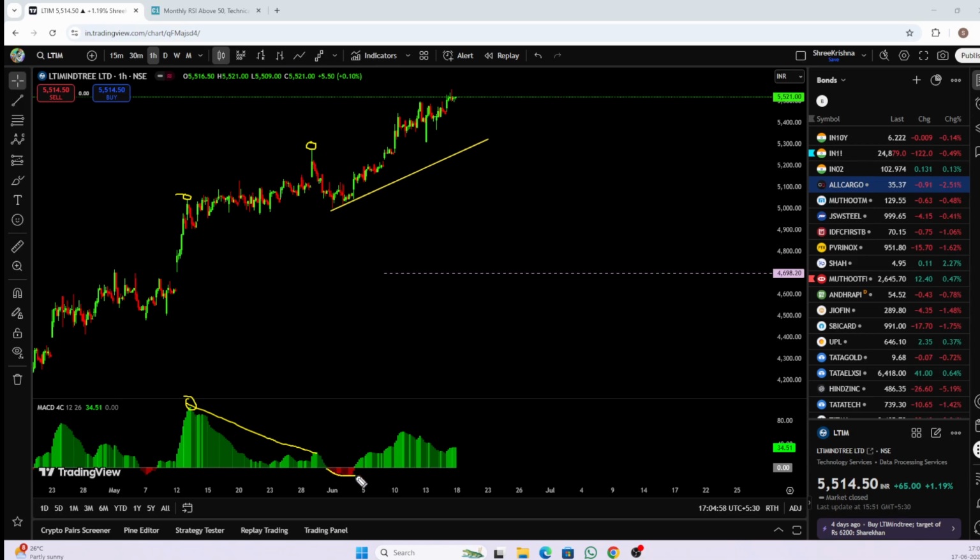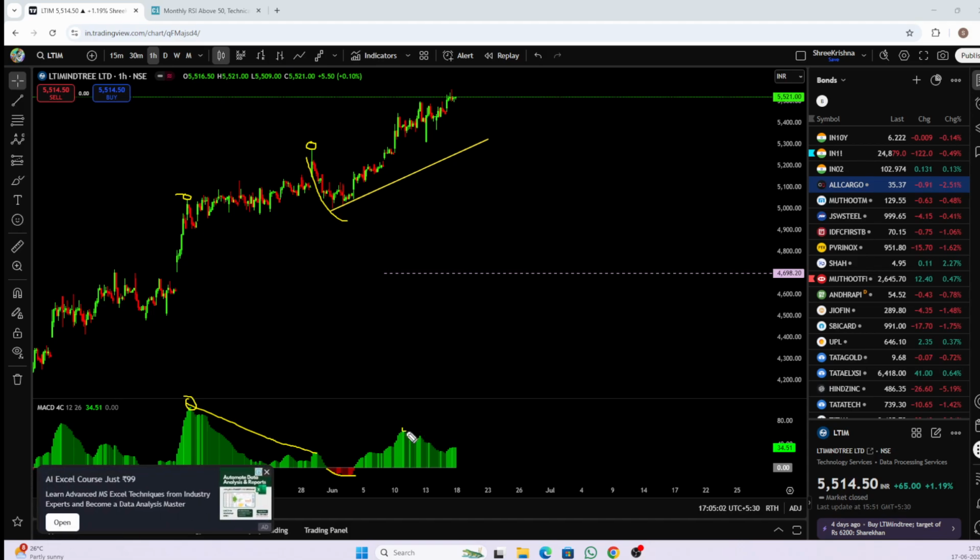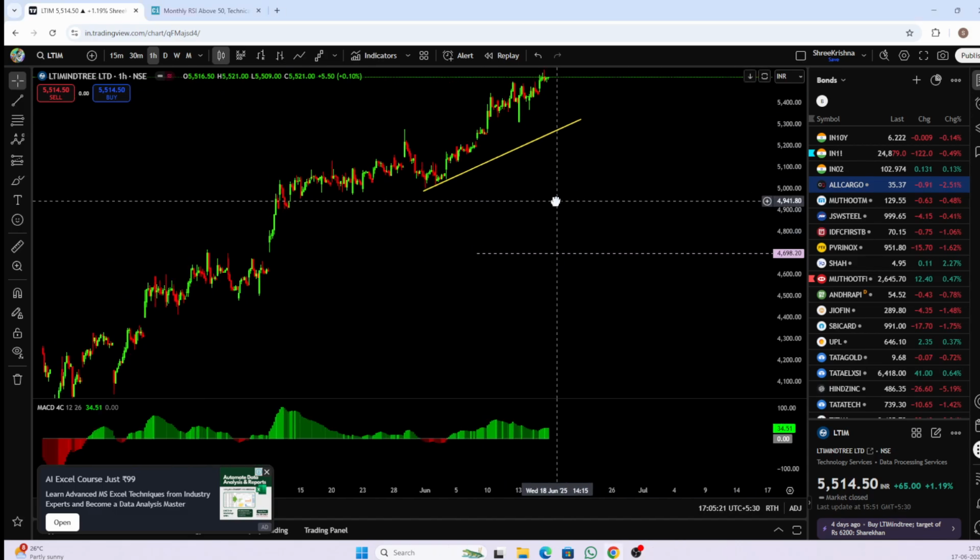Then this is wave 4, it has come below, and now it has made a peak again. This is 3F3, this is 3F5, this is 4F5, and we are almost facing one last jump before heading down.